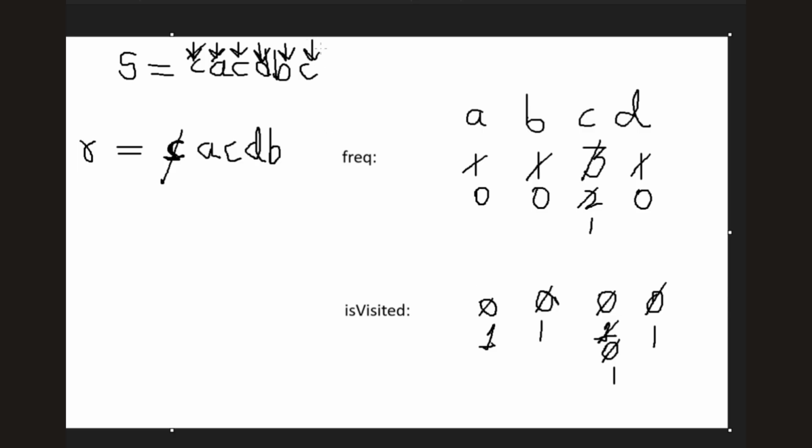Then we go to C, which is the last element. Since C is already visited, we do not do anything. We just decrement the frequency of C and do not add it. So we return the result ACDB. That is how this code is working. Thank you for tuning in.